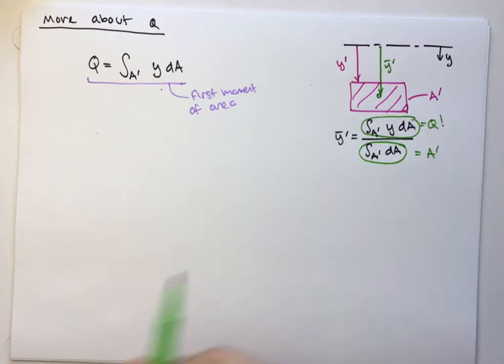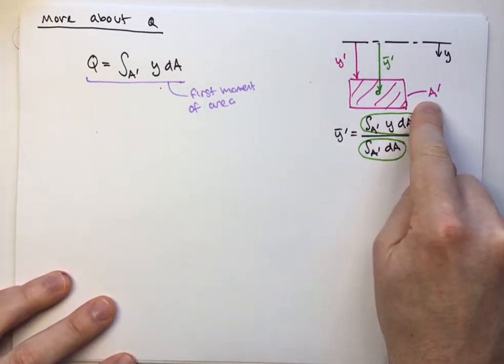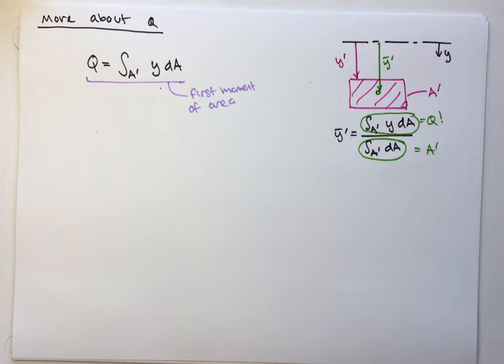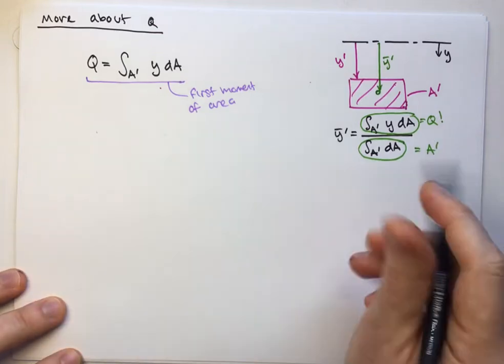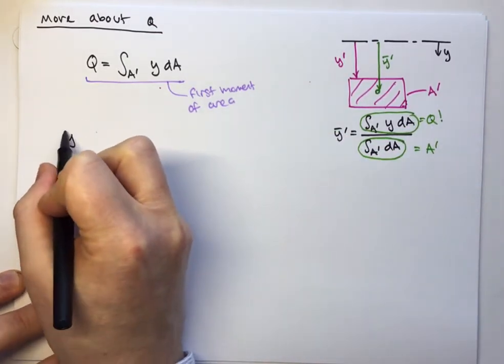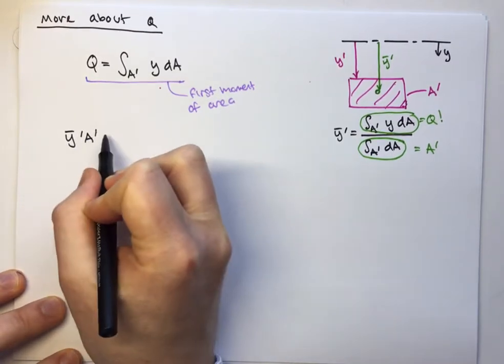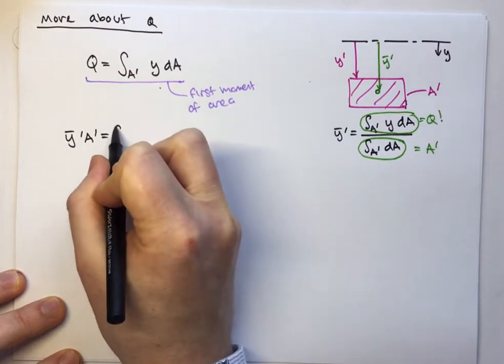So now we can take our relationship for the centroid of our shape, and we can use that to calculate Q. So if we take this stuff, move it over to the top, we get y bar prime A prime is equal to everything on top there.